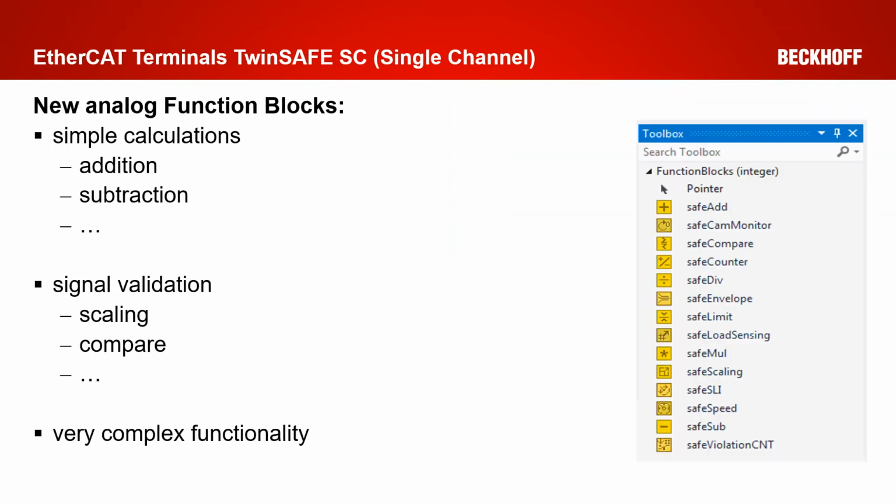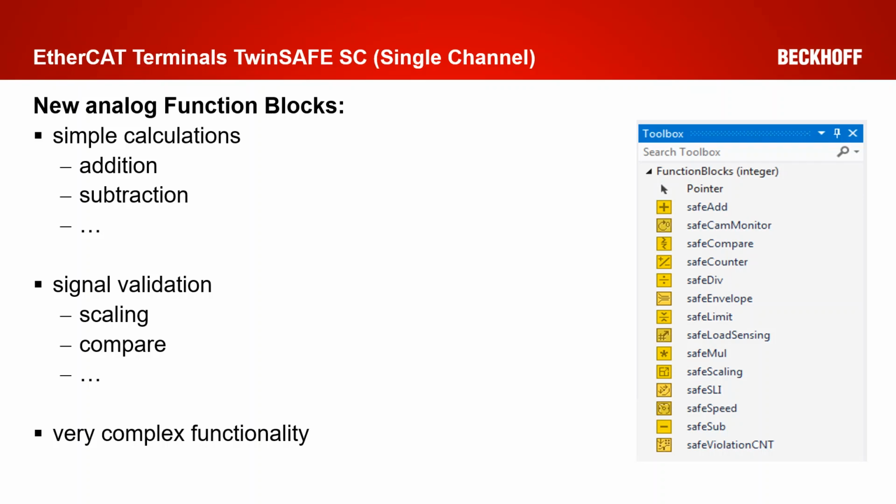Now that we have our analog input signals available within the safety PLC, we can use our new analog function blocks to do the validation of the input signals. We have basic function blocks for analog calculations like addition, subtraction, multiplication, and so on. We have several function blocks dedicated to signal validation.